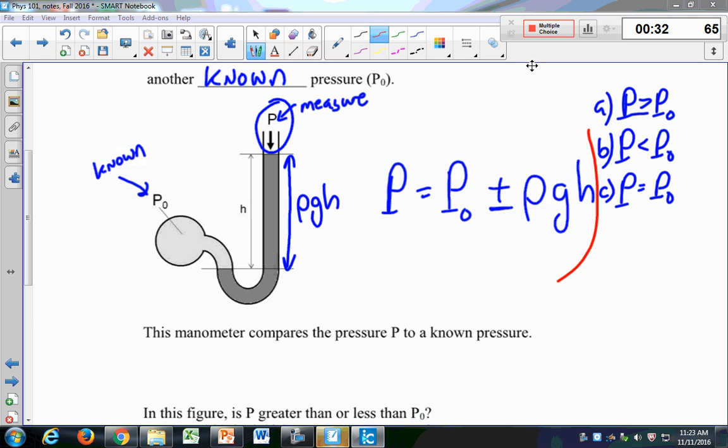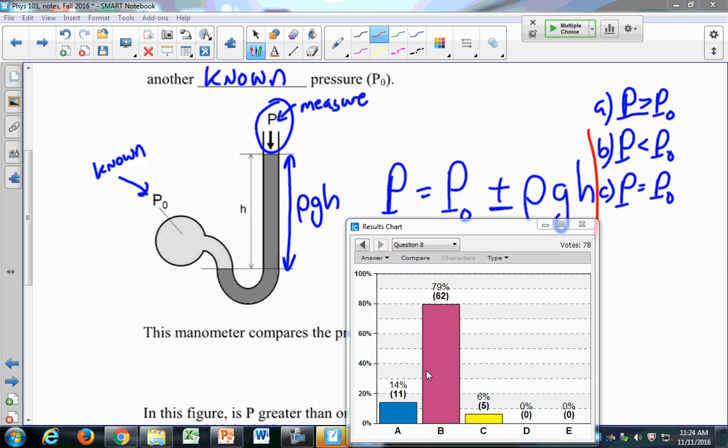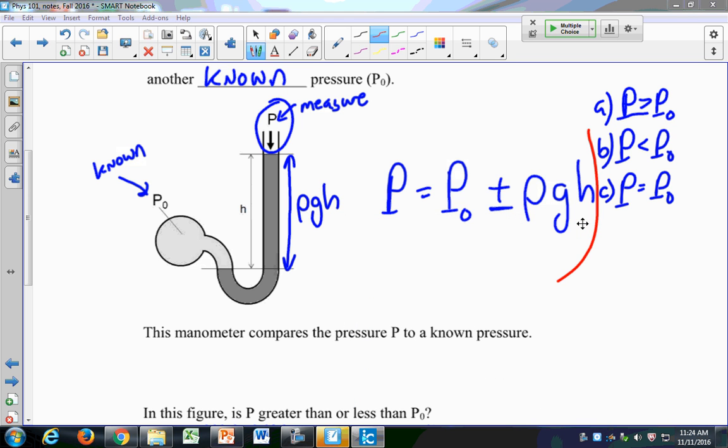All right, let's stop at 40. Okay, good. P is less than P naught.